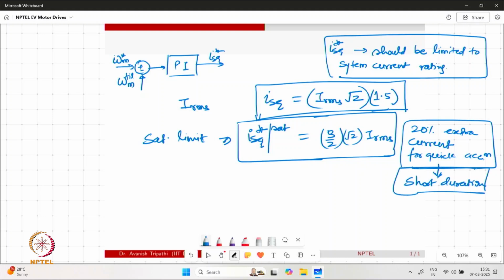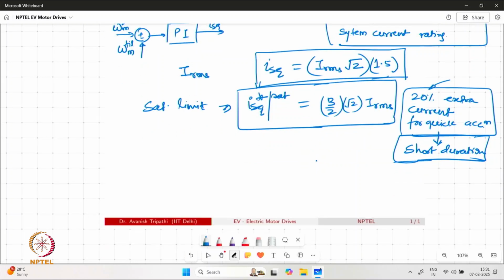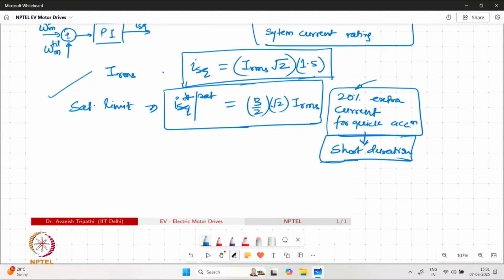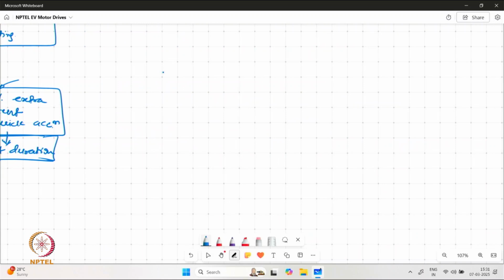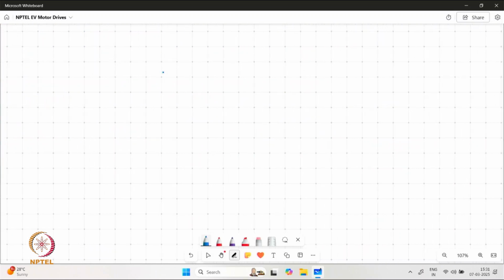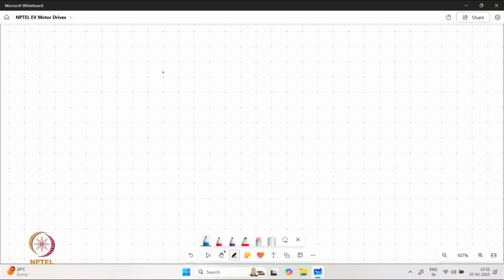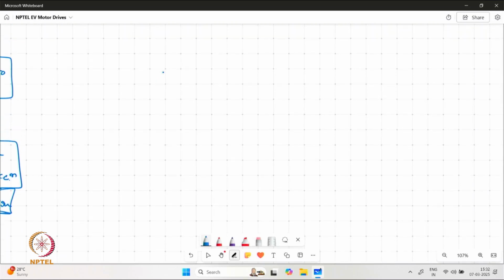We are not supposed to operate with an increased value of current for a very long time because of thermal constraints. So thus we have completed the design as well as the saturation limits for the controllers. Now we can look at the implementation part for the vector control of PMSM.